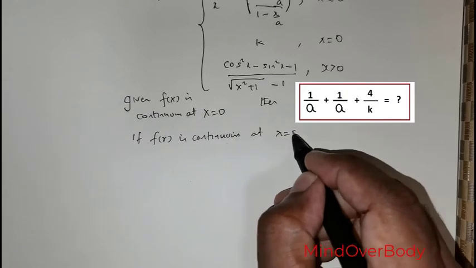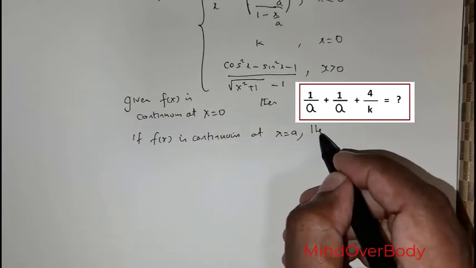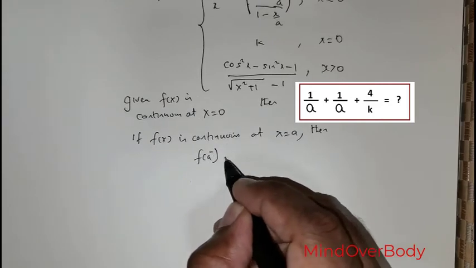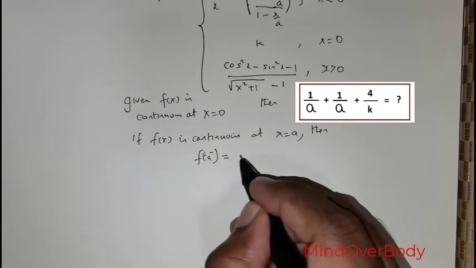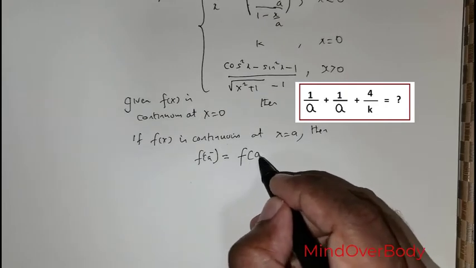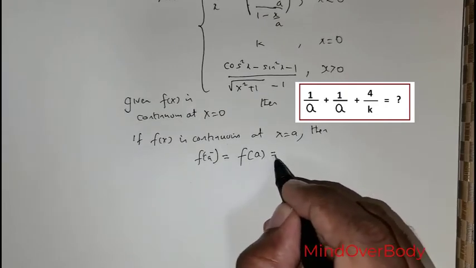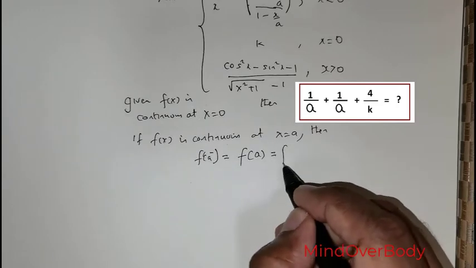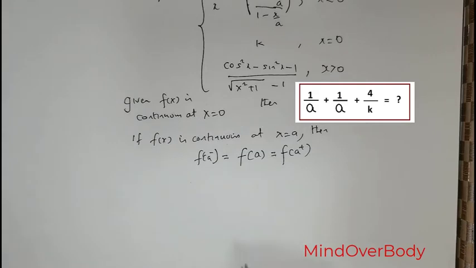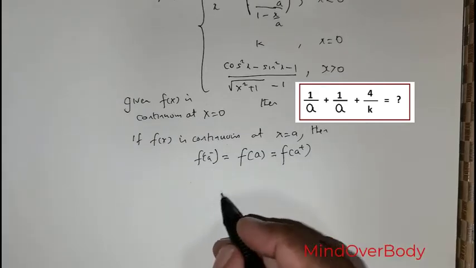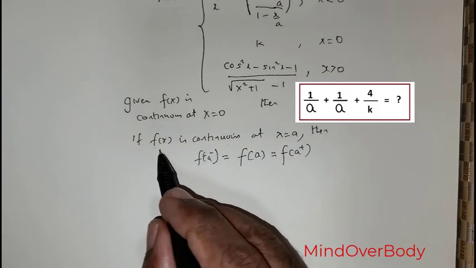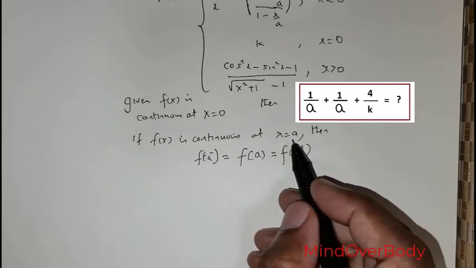If f of x is continuous at a certain point, say x is equal to a, then f of a negative should be equal to f of a, which in turn should be equal to f of a plus. This condition should be true if you are claiming that f of x is continuous at x is equal to a.